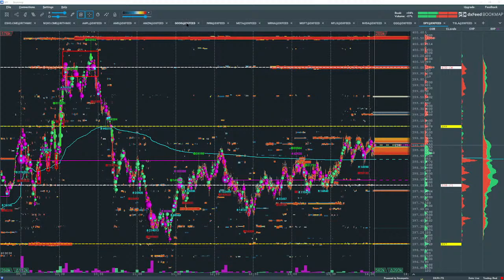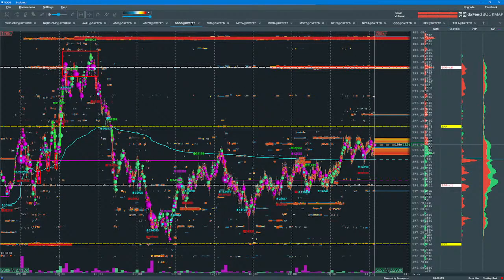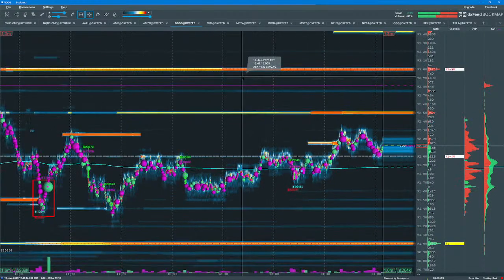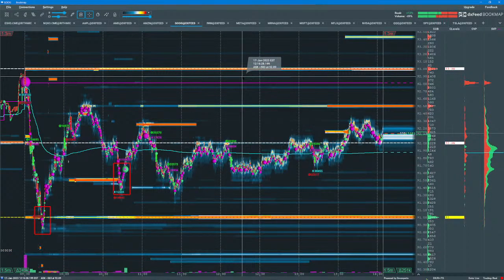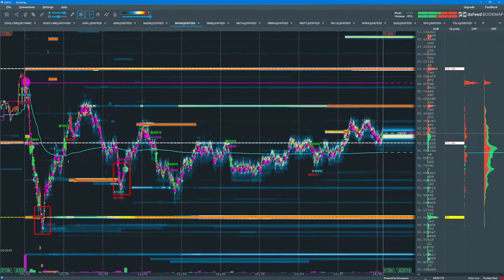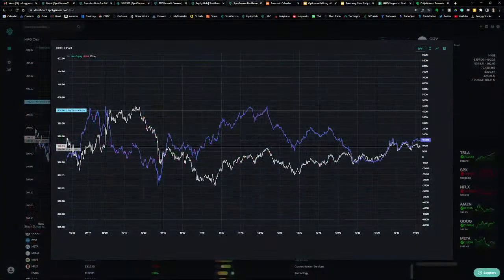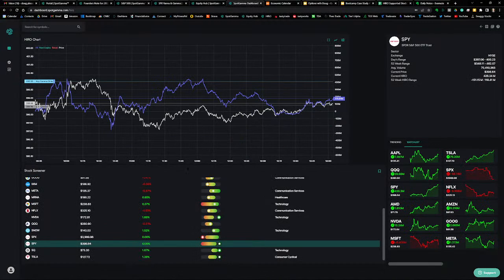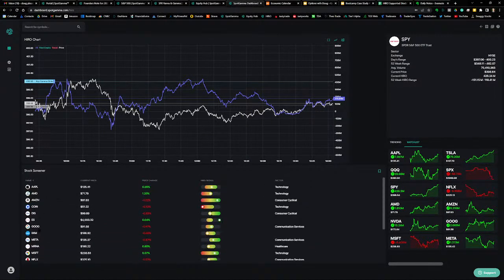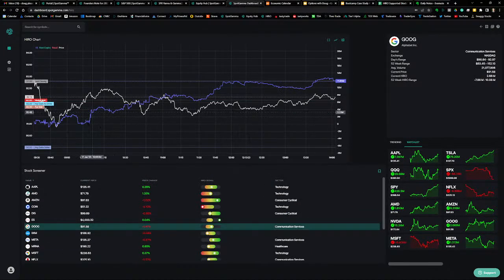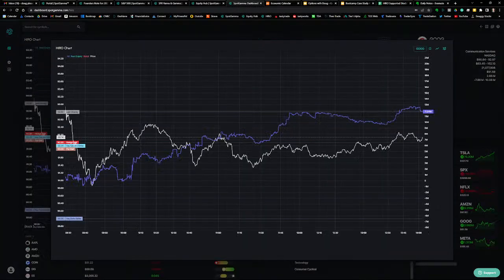Now let's go take a look at Google. And here in this case, and this is not much of a setup, but it's worth looking at, this confirmation reversal higher.